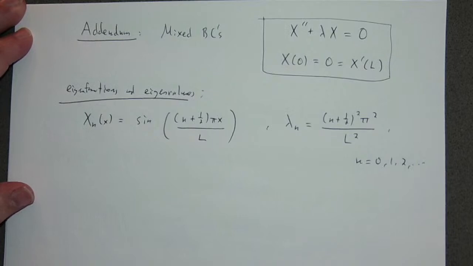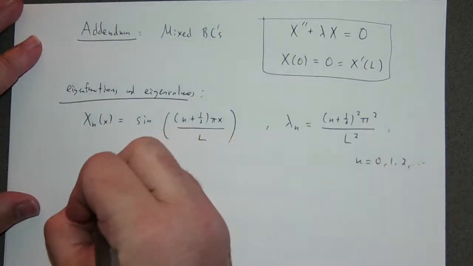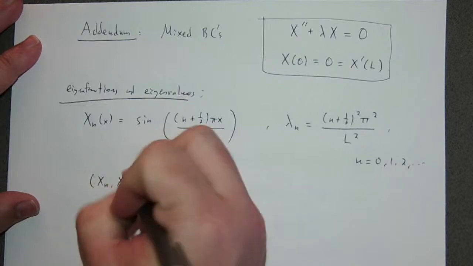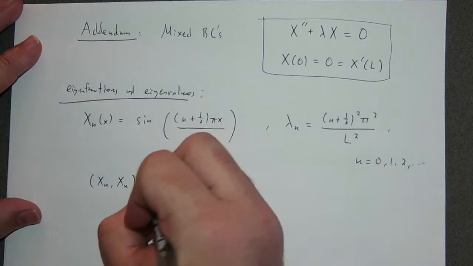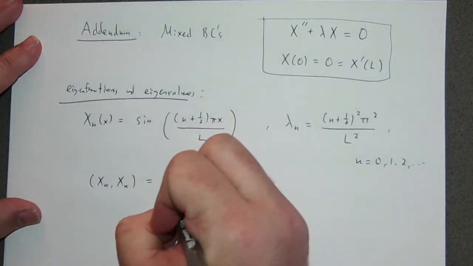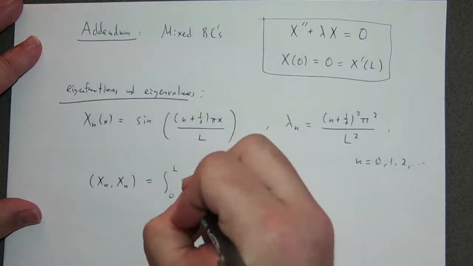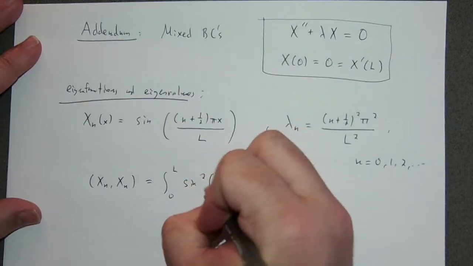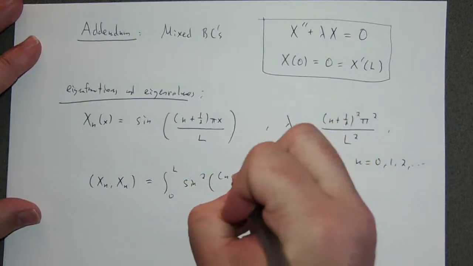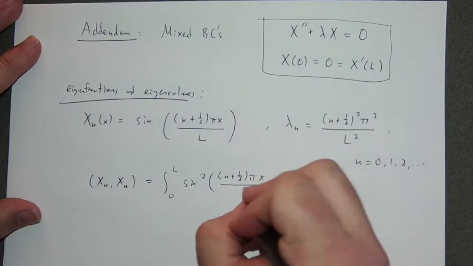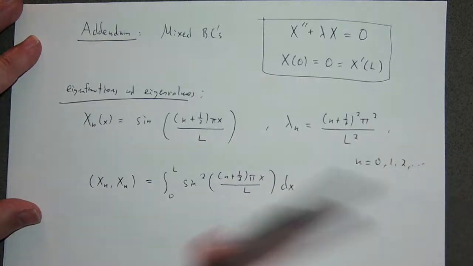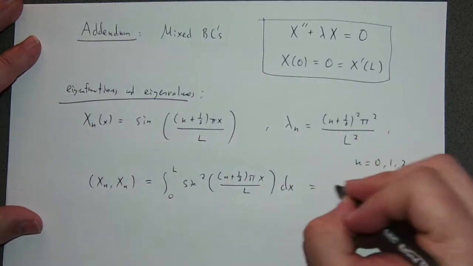And you can check directly by integration if you want to that when you pair this eigenfunction with itself using the inner product, this is the integral from 0 to L of sine squared of (n plus 1/2) pi x over L dx, what you get is indeed L over 2.